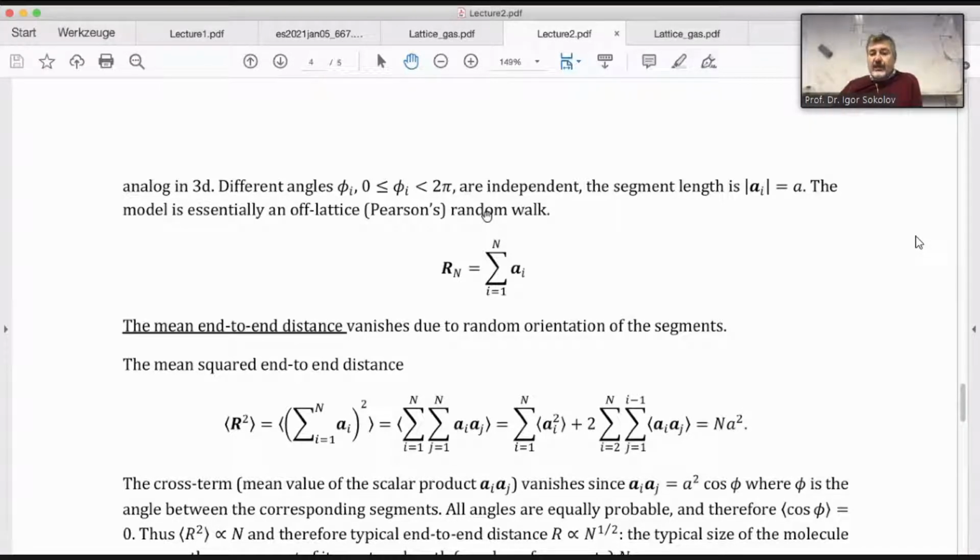And since then, the model is called random walk. Pearson needed it for his work on disease spreading, vector-borne disease spreading, malaria by flies, by mosquitoes, sorry. The model was essentially formulated 5 years before by Louis Bachelier as a model for financial speculations.